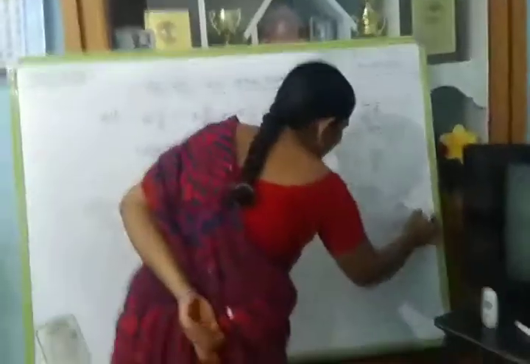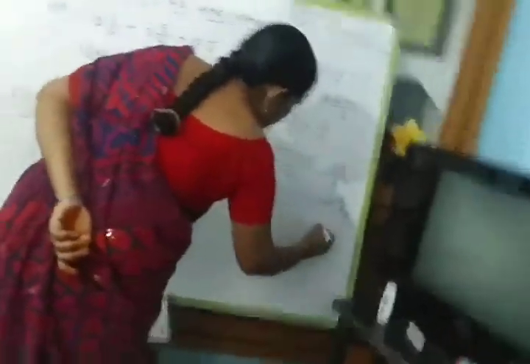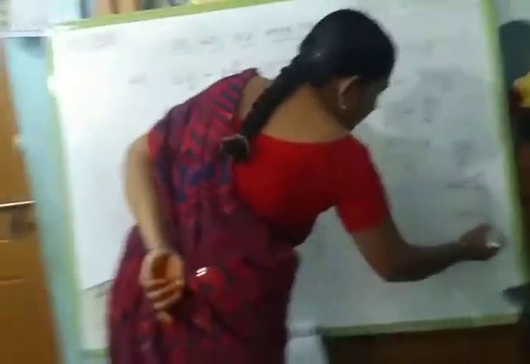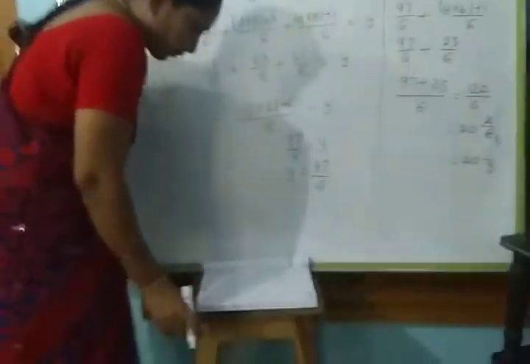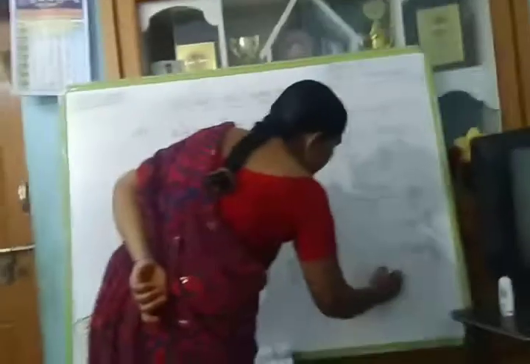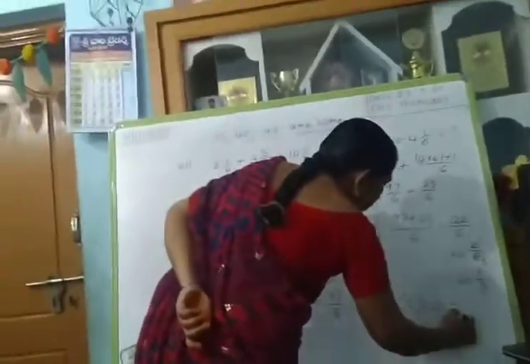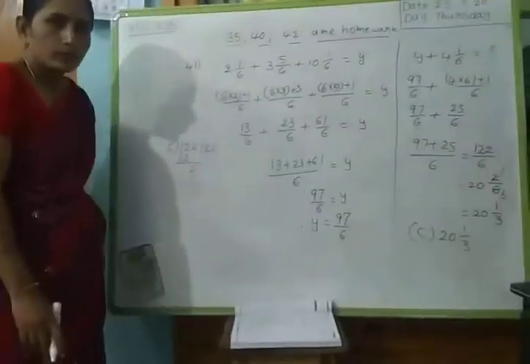Again 2 by 6 we simplify: 20 and 1 by 3. Which option is correct? Option C. This is the 41st question.